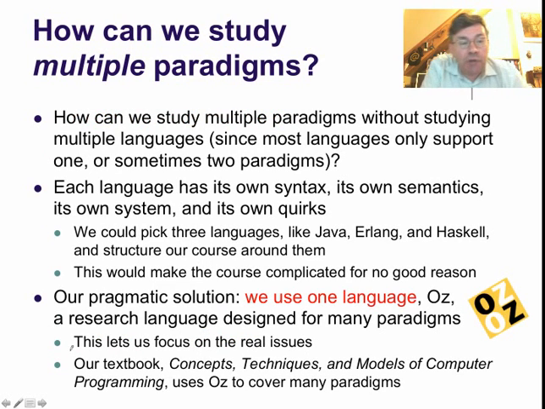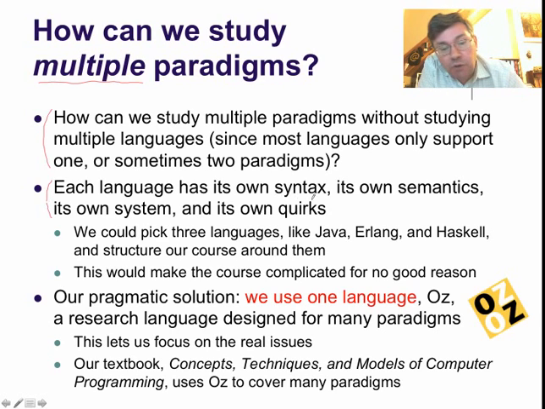So the next question, how can we study multiple paradigms without studying multiple languages? Since most programming languages only support 1 or sometimes 2 paradigms, how can we handle so many different paradigms? And in fact, organizing a course around multiple programming languages is quite difficult.